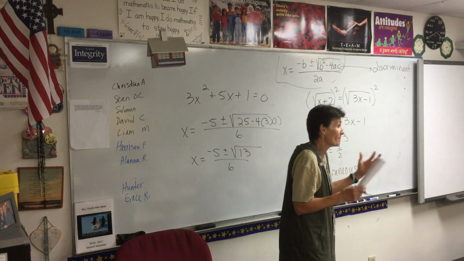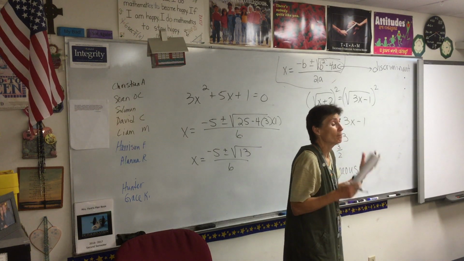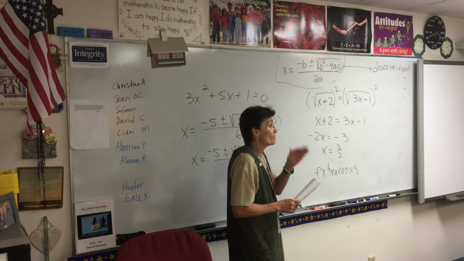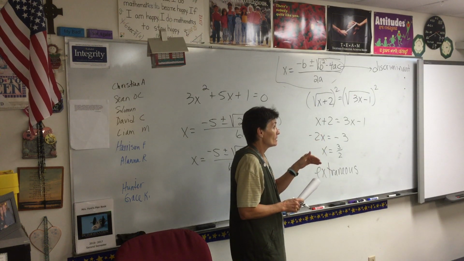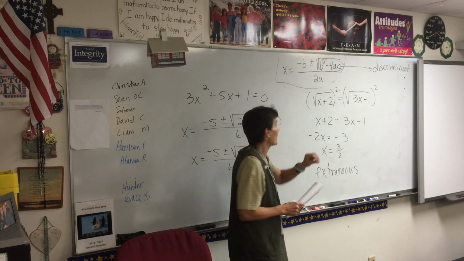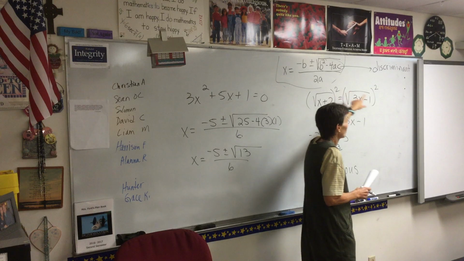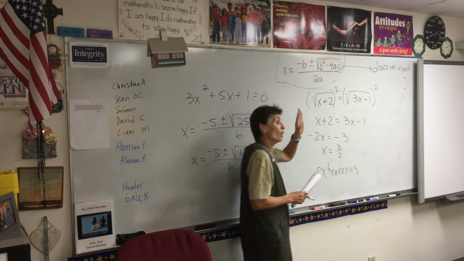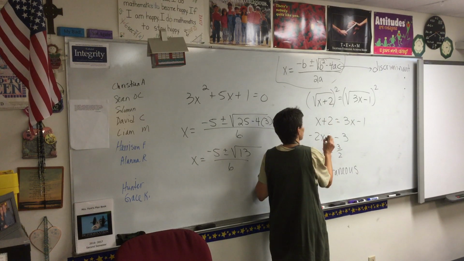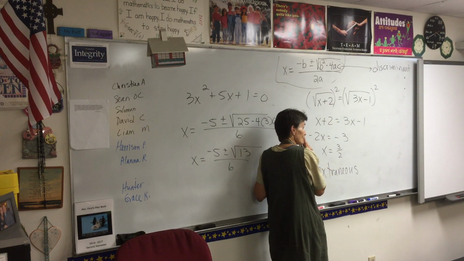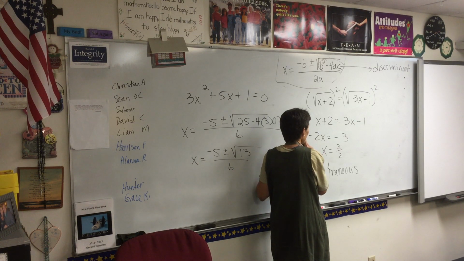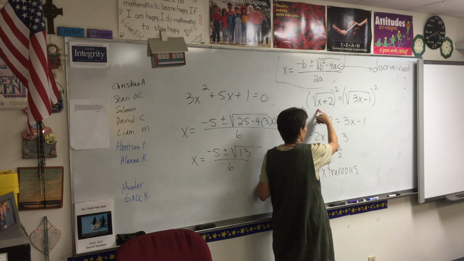You did everything right, but it just doesn't work. Those are called extraneous roots. They happen in different kinds of problems, but the main kind of problem they happen in is when you square both sides. So, what we have to do every time we square both sides is check our answers. So, if I check my answer, I'm going to plug in 3/2 right here.